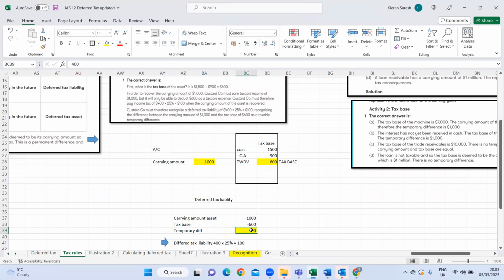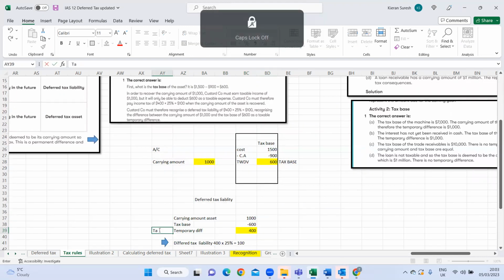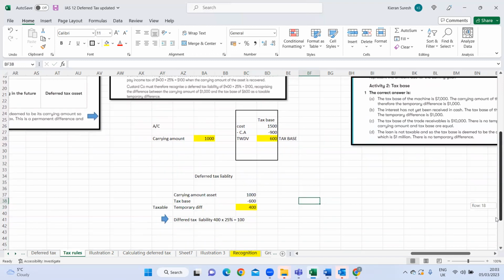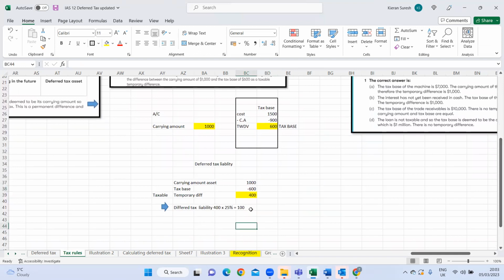I should have had only 600 on my books, but I have declared 1,000. I'm declaring 400 more, so due to this additional asset I'm declaring, I would be paying tax in the future. I would suffer. So this temporary difference is a taxable temporary difference. As a result, I would have a deferred tax liability. So the deferred tax liability is 100.